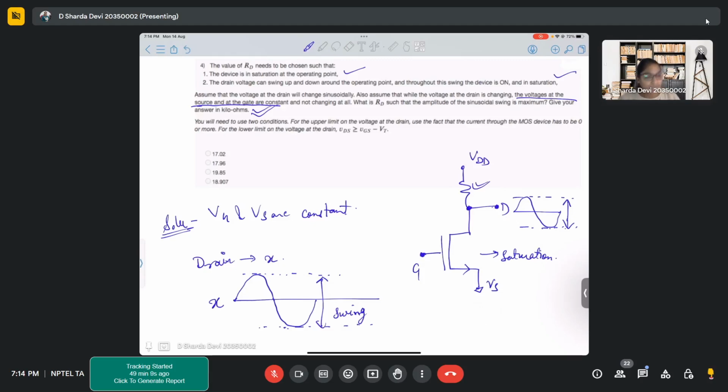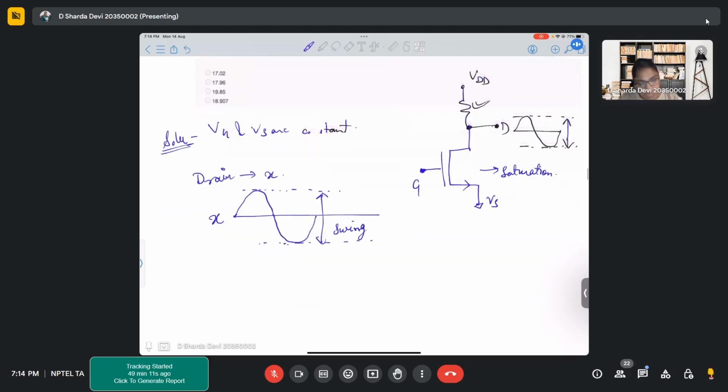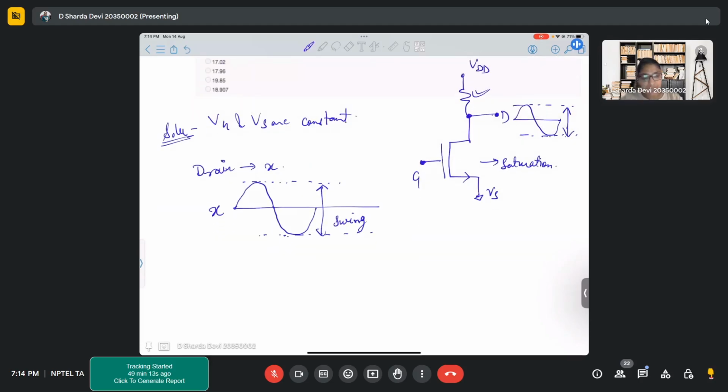Okay, ma'am. So now first things first, we have to consider that our transistor is always in saturation. So what is the condition for saturation? VDS should be greater than or equal to VGS minus VT, right? So VD should be greater than or equal to VG minus VT. Source, we have cancelled from both the sides.